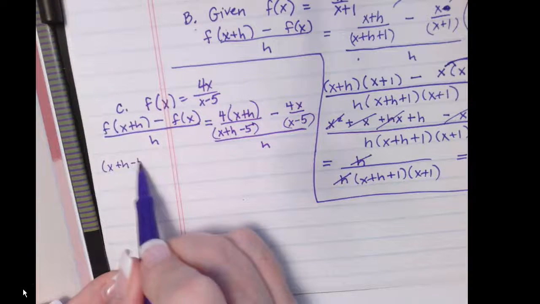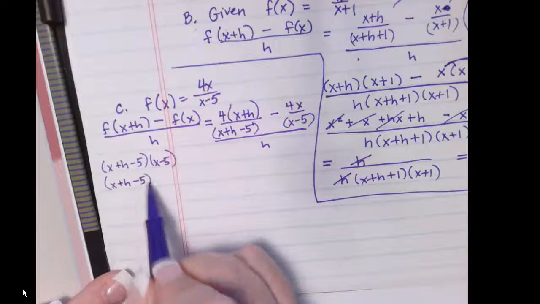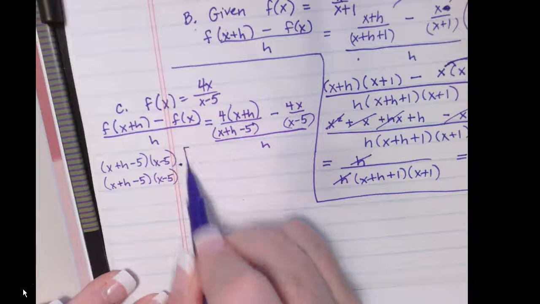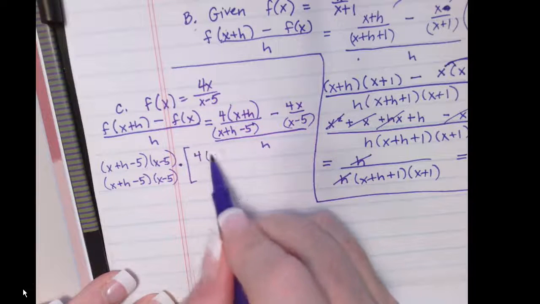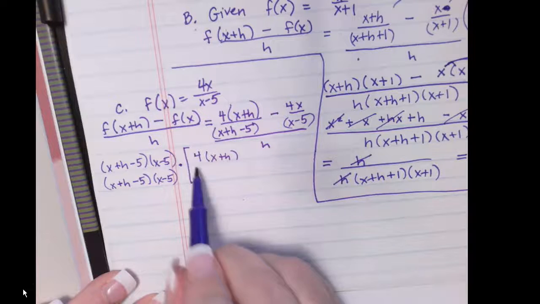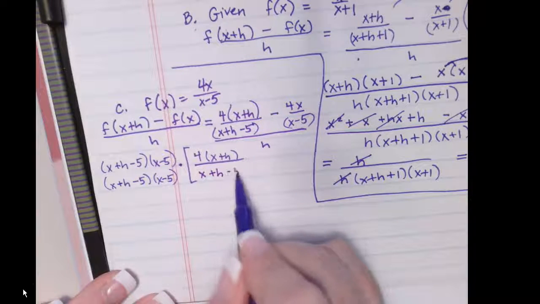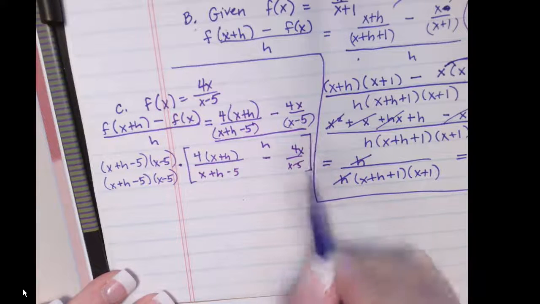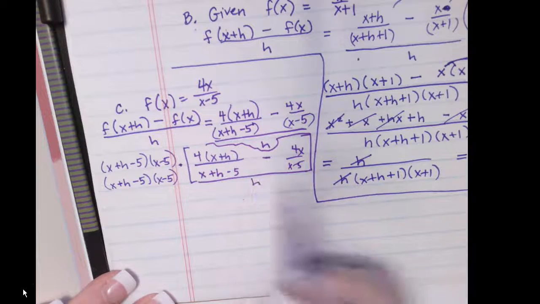So x plus h minus 5 times x minus 5, and I'm going to put that over itself, times the original numerator, 4 times x plus h over x plus h minus 5, minus 4x over x minus 5, all of that over h.